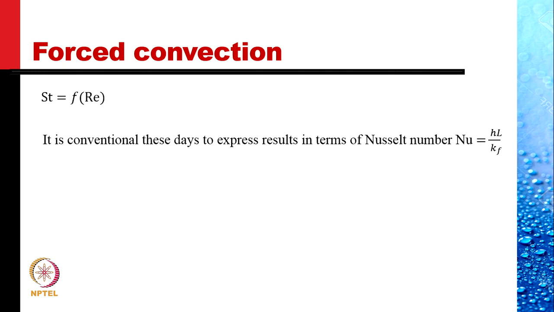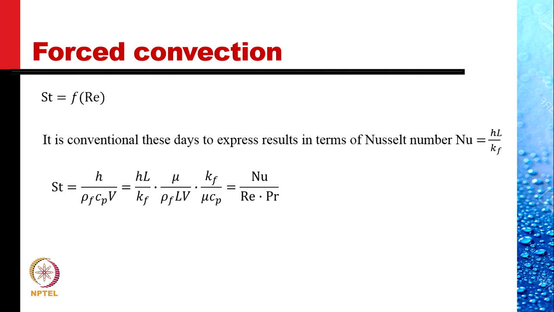Nu is equal to HL by Kf, the conductivity of the fluid. It can be shown the Stanton number, which is H divided by rho F Cp V, can be written as HL by Kf into mu by rho F LV times Kf by mu Cp.